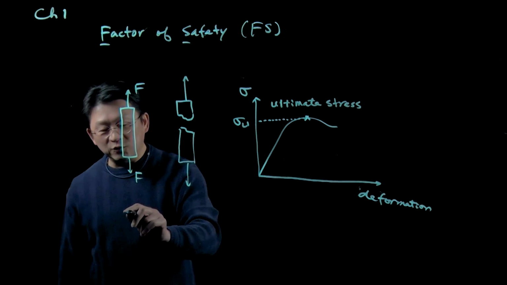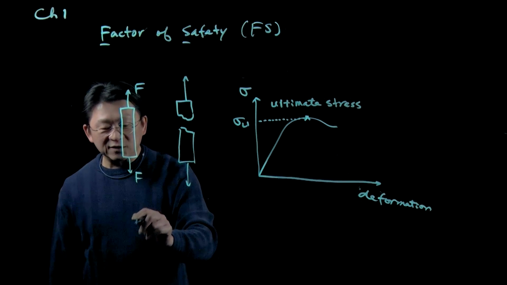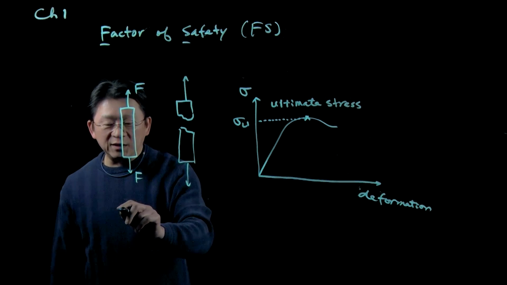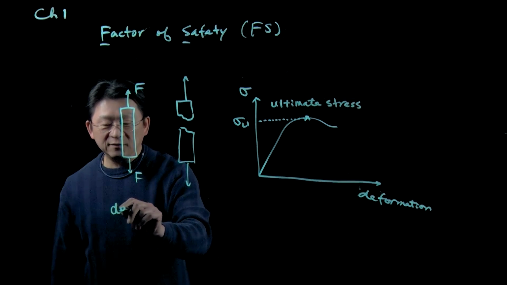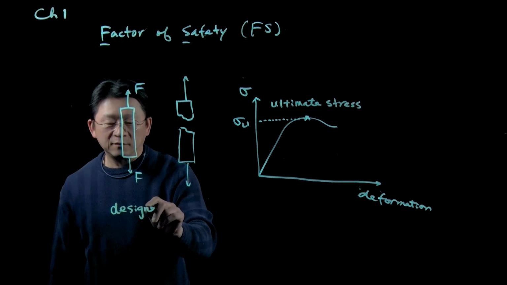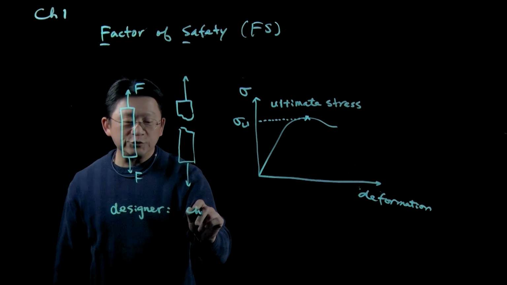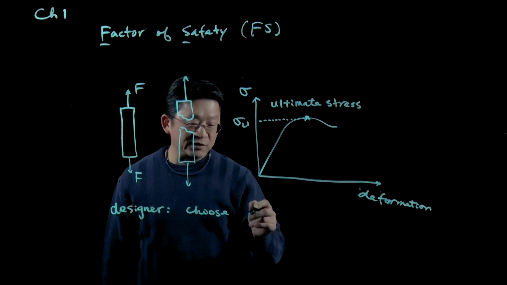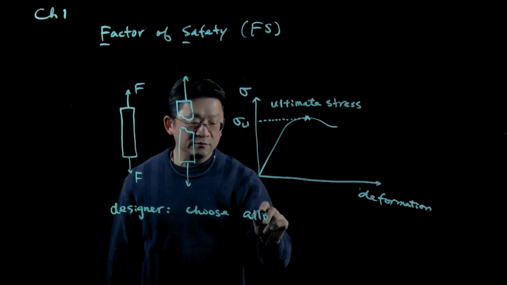So basically, we define the factor of safety like this. The designer will choose an arbitrary stress level we call the allowable stress.